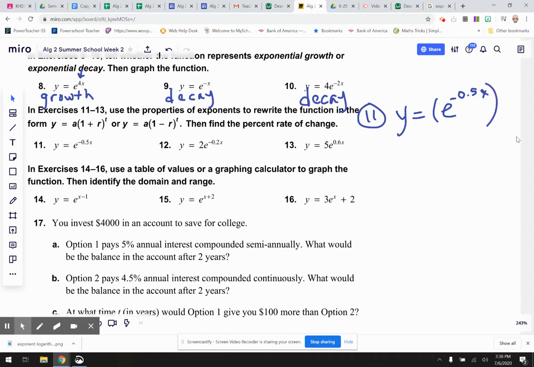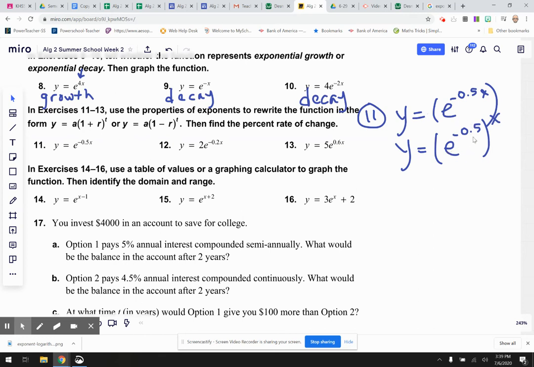Okay, so we could also rewrite that as e to the negative 0.5 and then put x on the outside because that's what we need for our formula. We need the exponent to be outside of the parentheses. As you can see here, this t right here is outside. That's going to be representing our x.